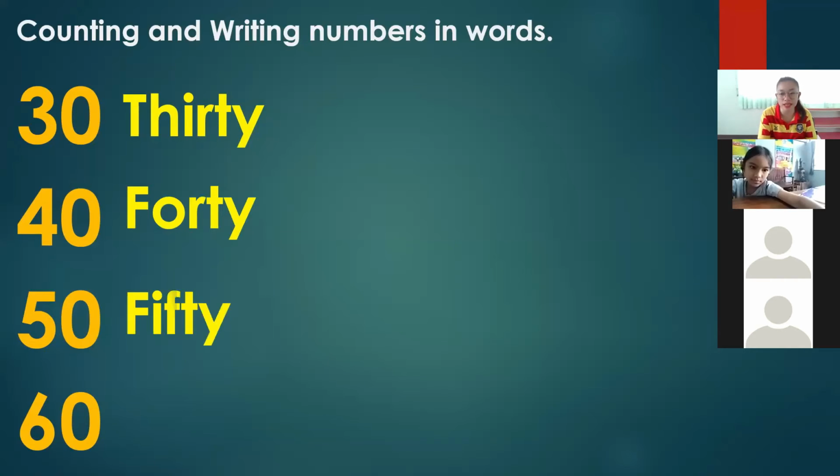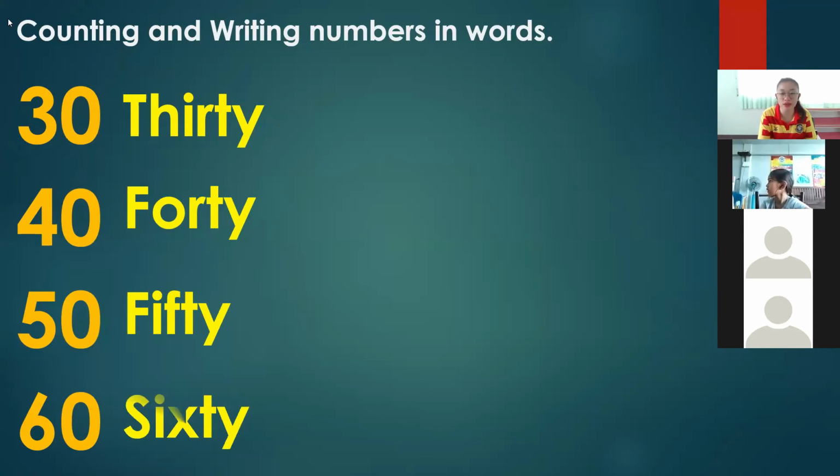How about 60? SIXTY. So that's how we spell 30, THIRTY. 40, FORTY. 50, FIFTY. Okay, next is 60.